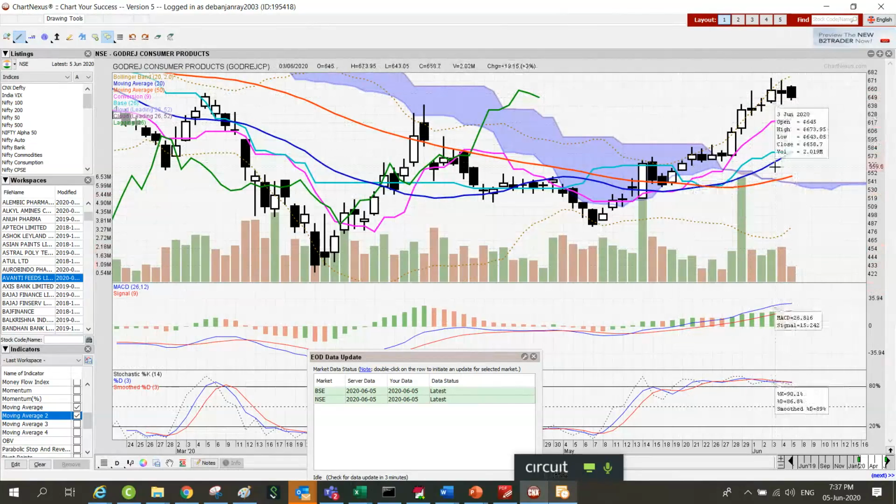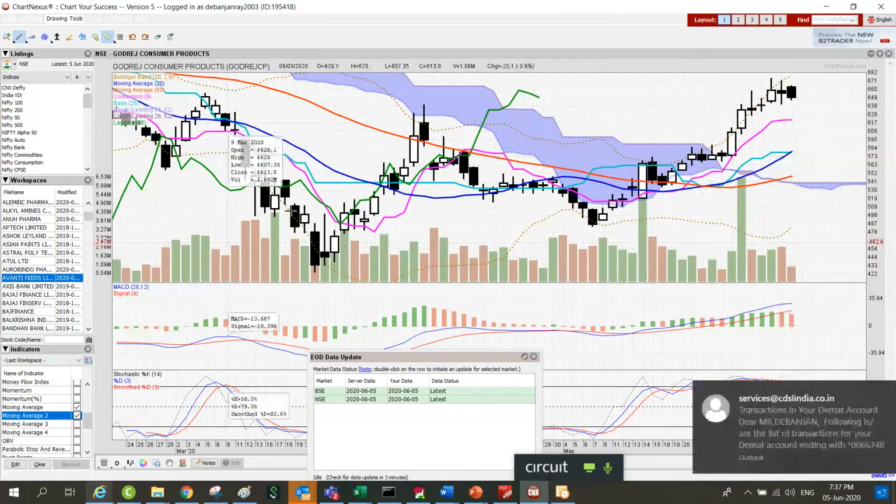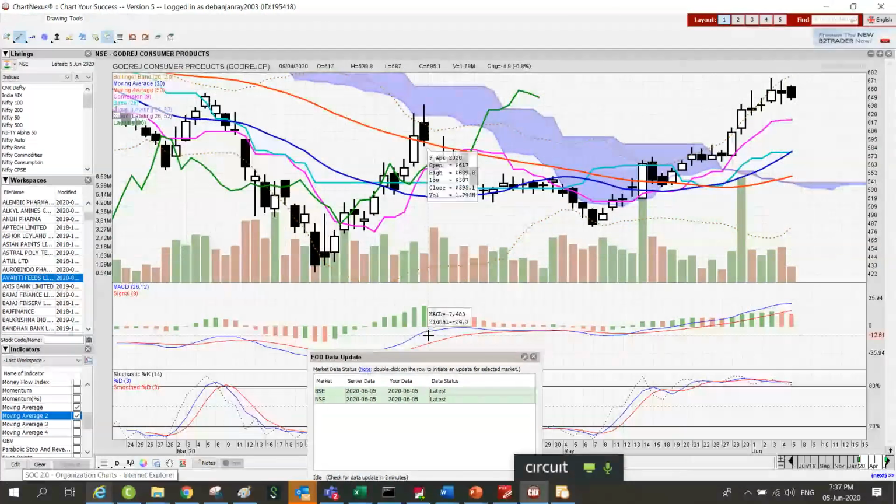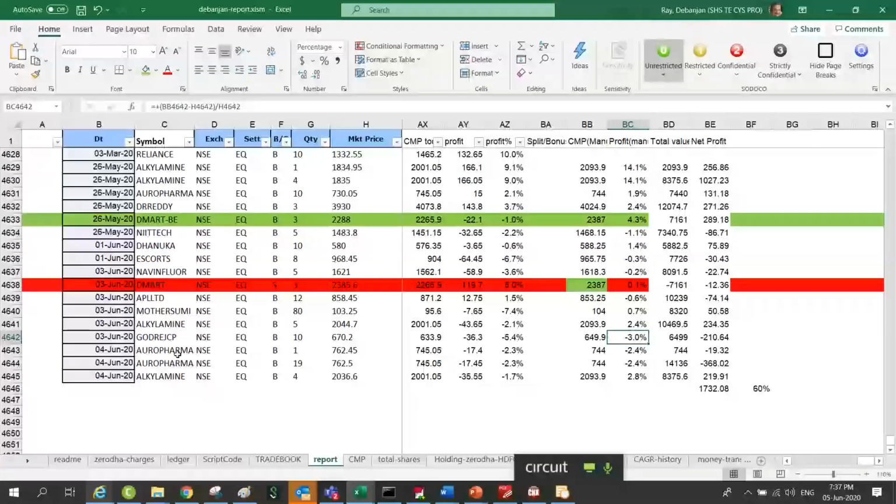I'm 100% sure. All the signals are uptrend, so though temporarily I am making a loss, I am not focusing on only 5-6 stocks. I'm sure that within another maybe 1 week or 10 days, the percentage profit will go up. So this is how you can make fast money in the stock market.